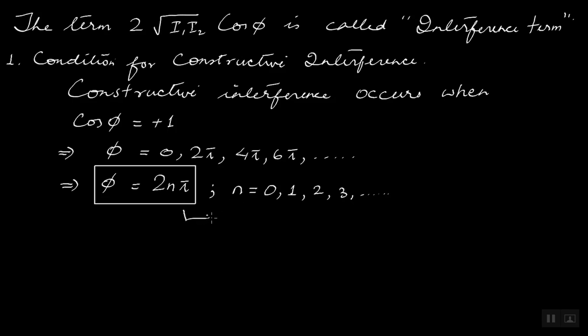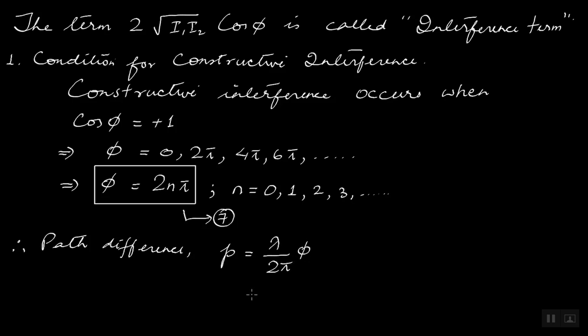Let us name this equation as equation 7. Therefore, the path difference P is equal to lambda by 2 pi times the phase difference phi.